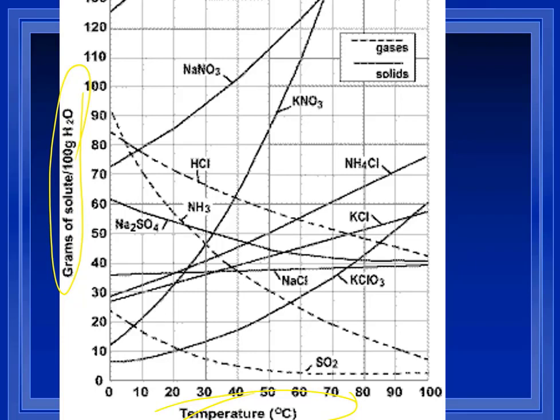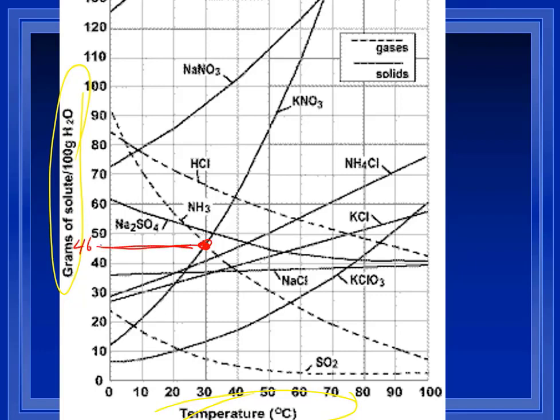Now, a type of thing you could do would be say, if I took a saturated solution of potassium nitrate at 30 degrees, and cooled it to 0, what would I see happen? Well, if I had a saturated solution of potassium nitrate at 30 degrees, that would be right there, right? So I would have dissolved about 46 grams of stuff.